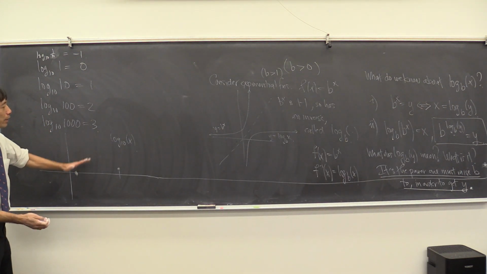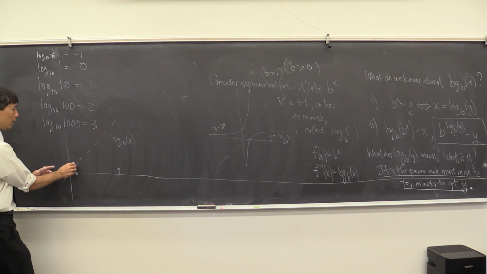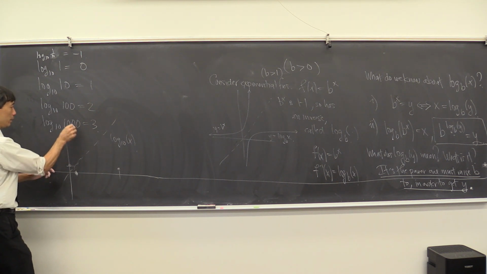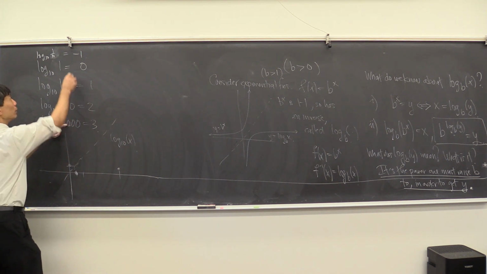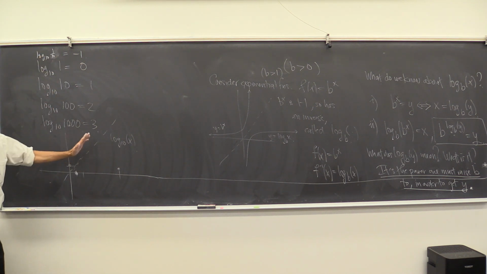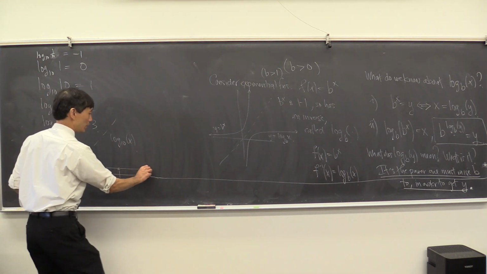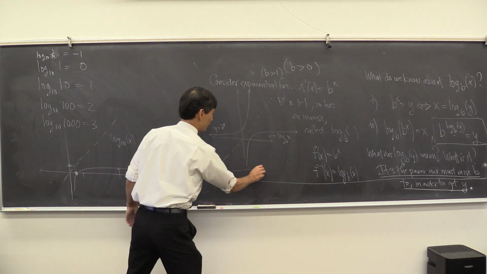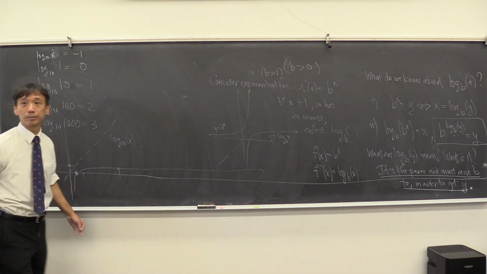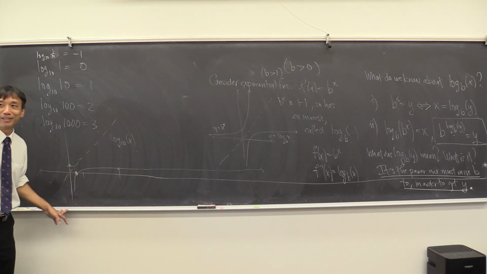And you see that that is the inverse of the 10 to the x function. At time 2, I'm going to be at 100, time 3, I'm going to be at 1,000. That's the reflection of the 10 to the x function. So where the exponential function grows very quickly, the logarithmic functions grow very slowly. You don't want to invest in a logarithmic bank.